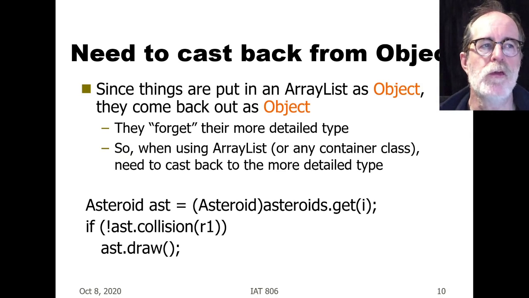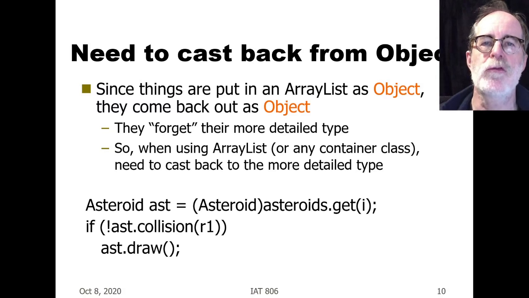Since things are put in the ArrayList as an Object, they come back out as an Object. They forget the more detailed type. So when using ArrayList or any other container class, and we'll say what that means later on in the term, you need to do something to transform the type from Object, this totally top-level class, back to Asteroid. And you know that'll work because we've passed asteroids in, so we can cast it back to the class.